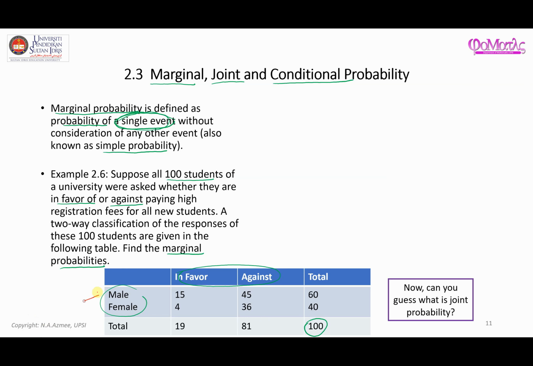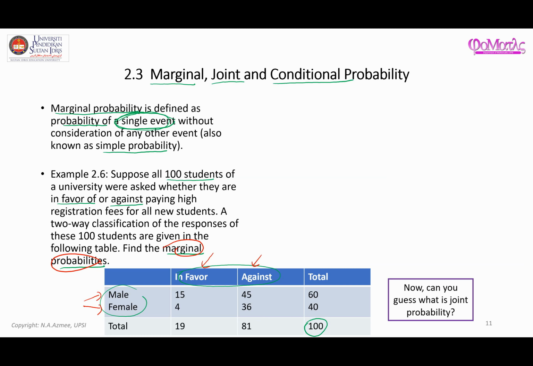For example, you may be interested to find the probability of that student being a male, or the probability of the student being female, the probability of the student in favor of the suggestion, or the probability that the student is against the suggestion. So we have 4 events, and you're going to have 4 marginal probabilities associated with all these events.